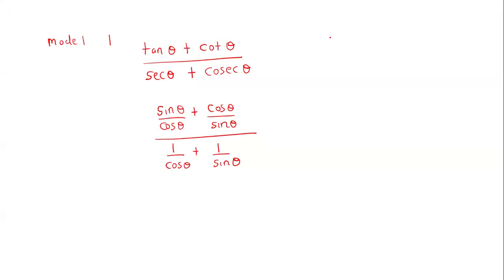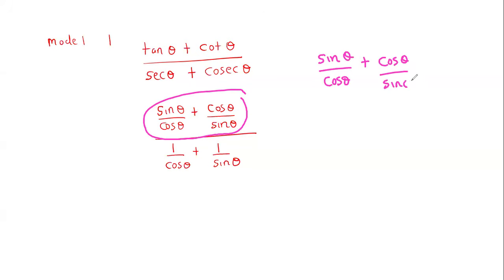Now, when you look at what we have, I want you to look at this part here. You have sine of theta out of cos of theta plus cos of theta out of sine of theta. You notice that your LCM is cos theta sine theta. Now, what are you going to do?